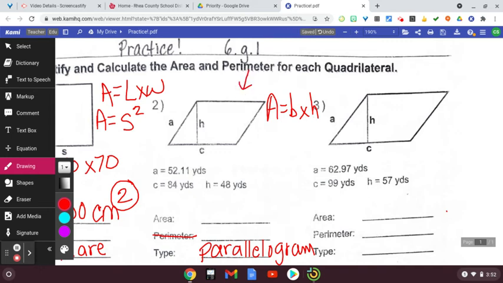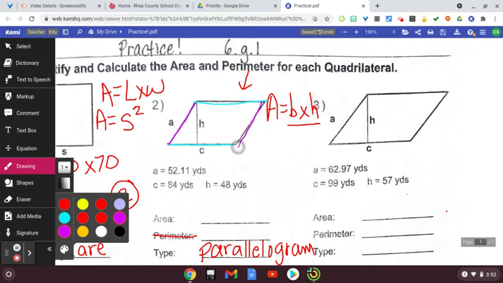So we really don't have a length and a width. That's why our formula is a little bit different, base times height. And just as a little reminder, parallelograms have got two sides that are parallel from one another. So we can see that those two are parallel, as well as this side and this side. So yes, even a square is a parallelogram.